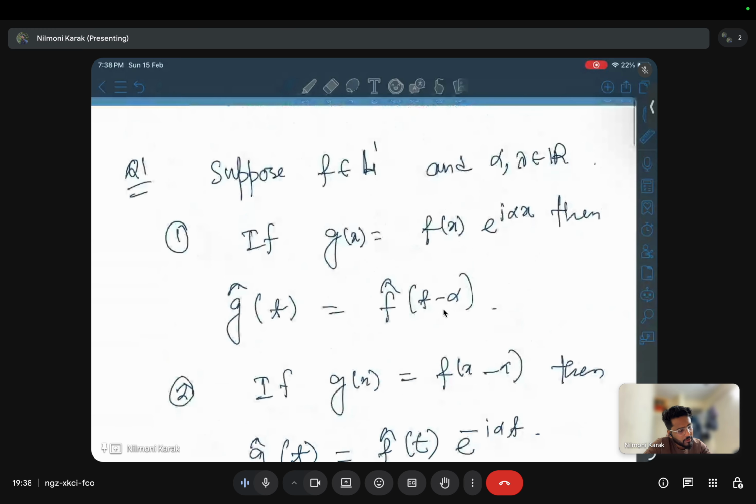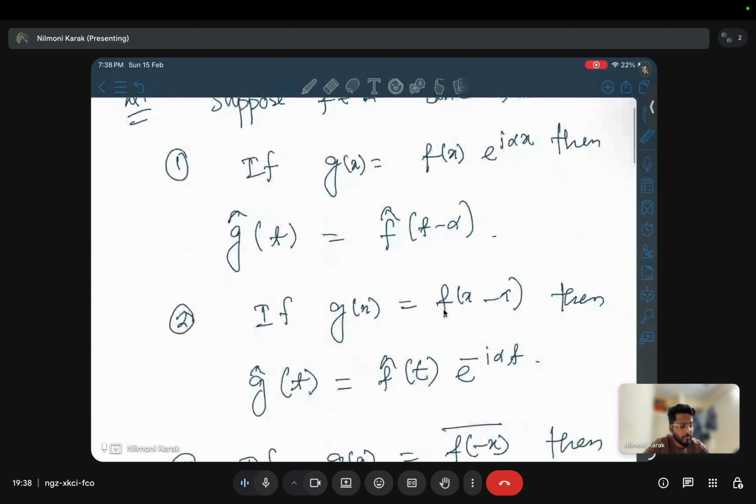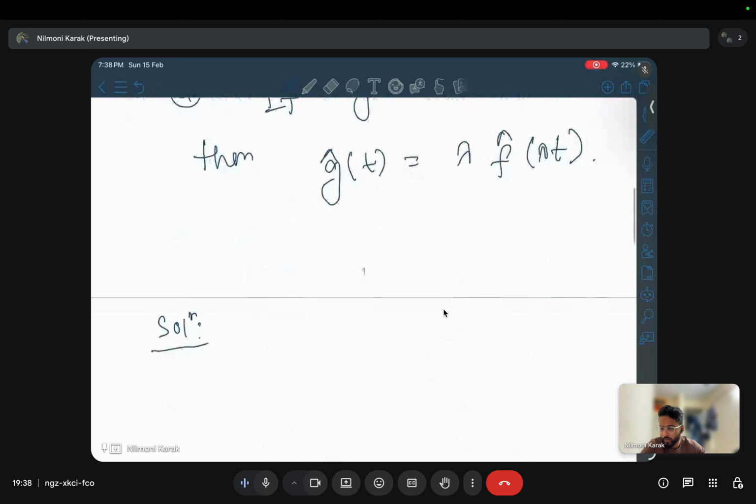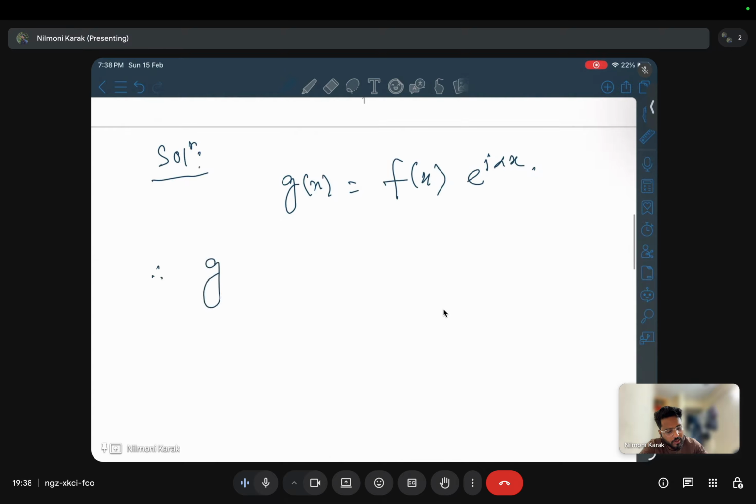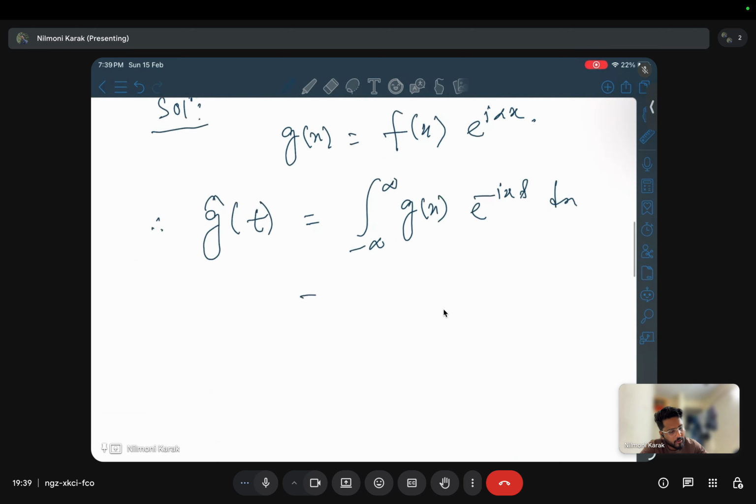The first question is: g(x) is f(x) times e to the power i alpha x, and we have to compute the Fourier transform of g. So what is g hat of t? It is the integral from minus infinity to infinity of g(x) e to the power minus i x t dx.